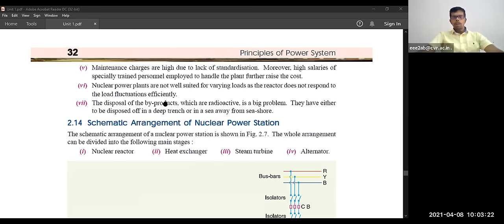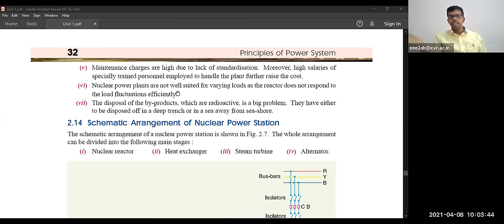Next, nuclear power plants are not well suited for varying loads, as the reactor does not respond to load fluctuation. That particular nuclear power plant is constructed for, say for example, 500 megawatt, which means 500 megawatt only.